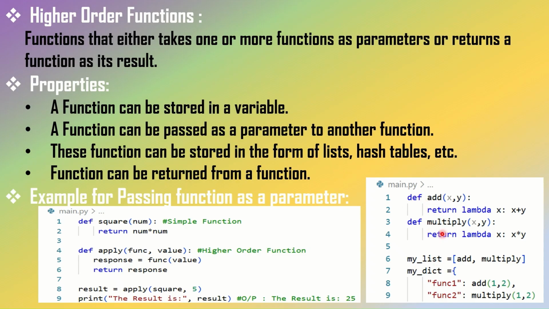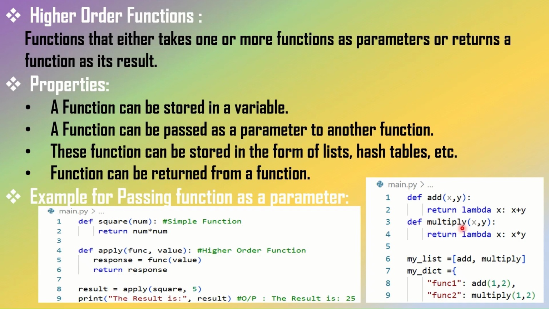Here you can see in this example, I have defined two functions, a function named add and a function named multiply. In the function named add, I was returning a lambda function, which is a function, right? In this function, I was performing the addition for the parameters x and y.